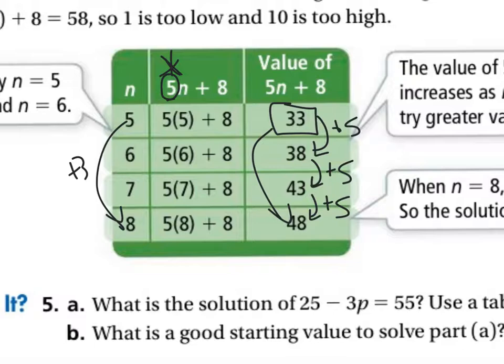Then the book talks about the limitations of using a table to find solutions. One thing is that if we're not very good at guessing, it could take a long time working all this out until we find an answer. The other thing is if the answer doesn't come out evenly, we're going to have to say we passed it up, and then go in between these numbers.